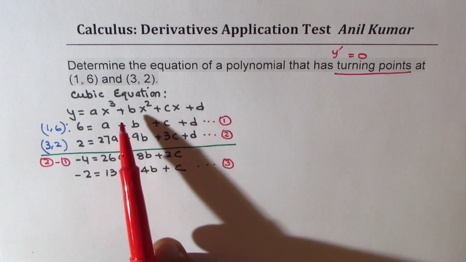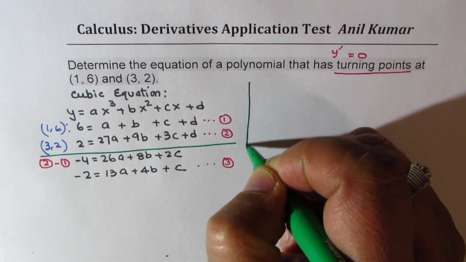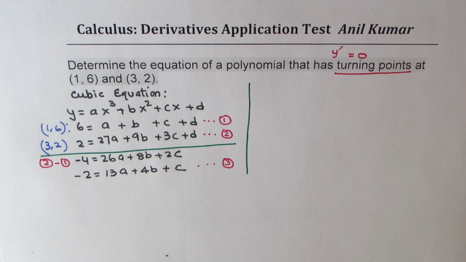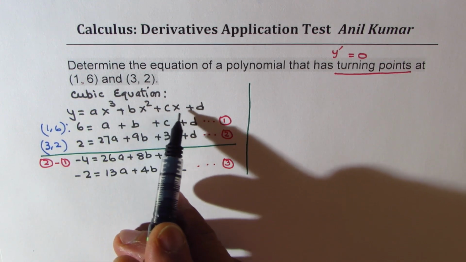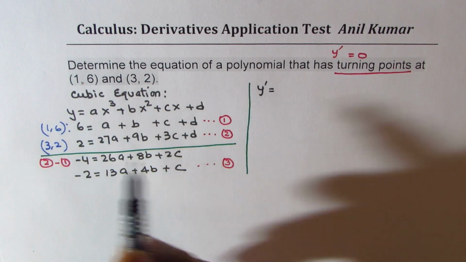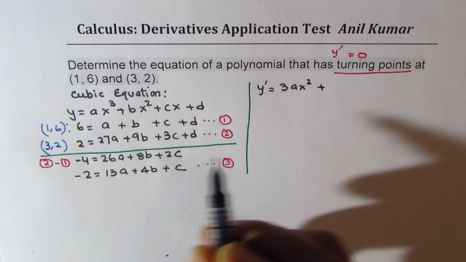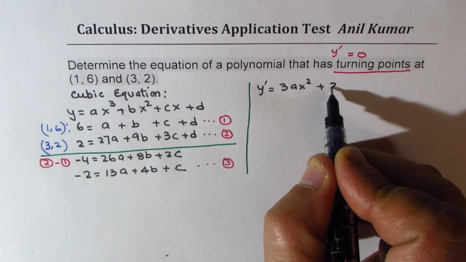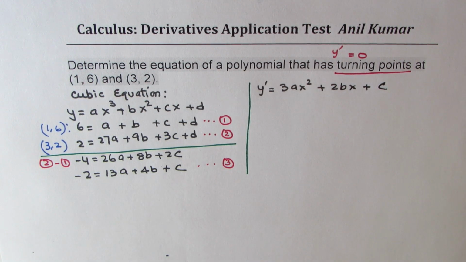Now, let's look into the derivative part. Okay, so let's go to this side now and work on the derivative. So if y equals ax cubed plus bx squared plus cx plus d, what is the derivative equal to? 3ax squared plus 2bx plus c. That's the derivative.